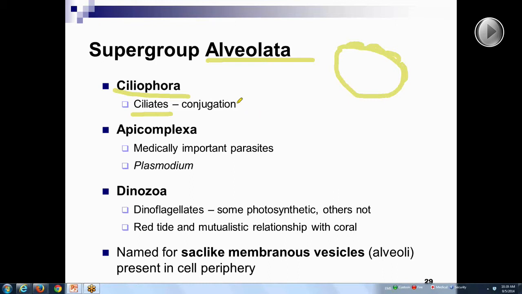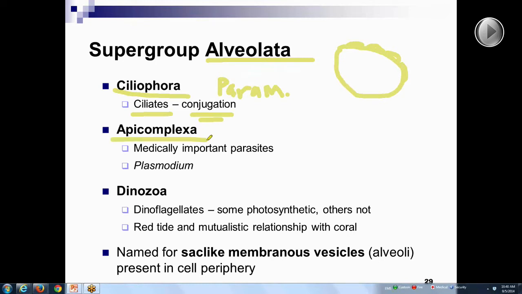So the ciliates, like paramecium is a good example. A classic ciliate has cilia along the outside, rather large cells, and they reproduce through this thing called conjugation, which is very much like sort of sex. We'll look at that more later on. So we have the ciliates, including paramecium, within this alveolata group.